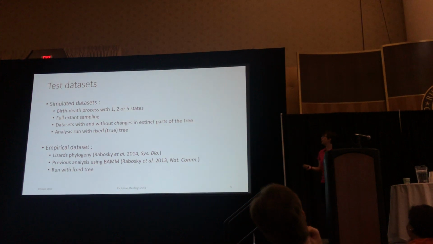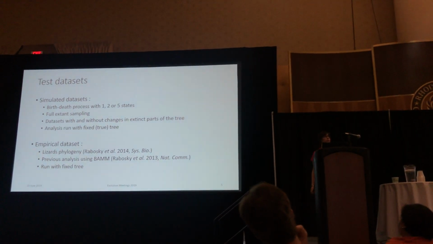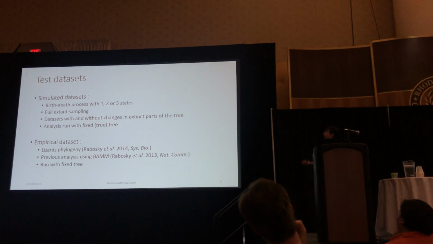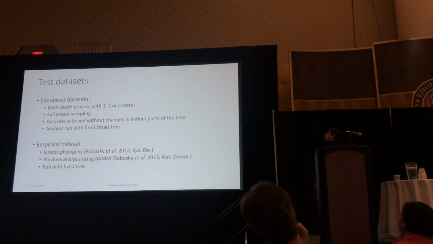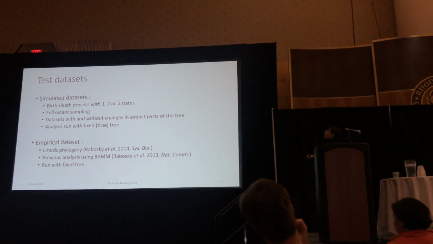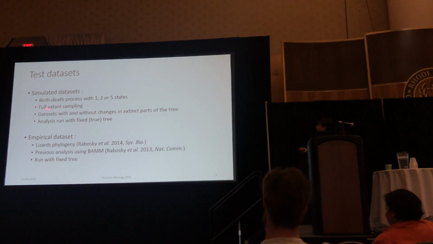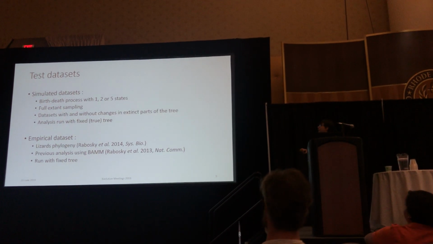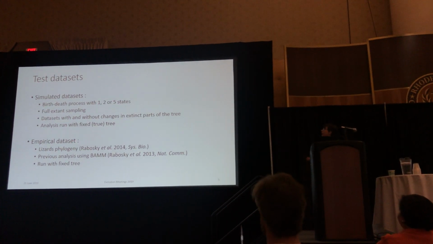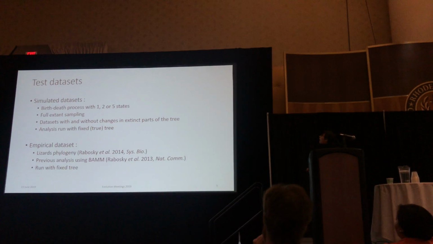We have a bunch of datasets that we have been using to test the method. We have simulated datasets, birth-death process simulated forward with 1, 2, or 5 states in the true model. Full extant sampling, but no extinct sampling. Our simulated datasets so far are exclusively ultrametric trees.